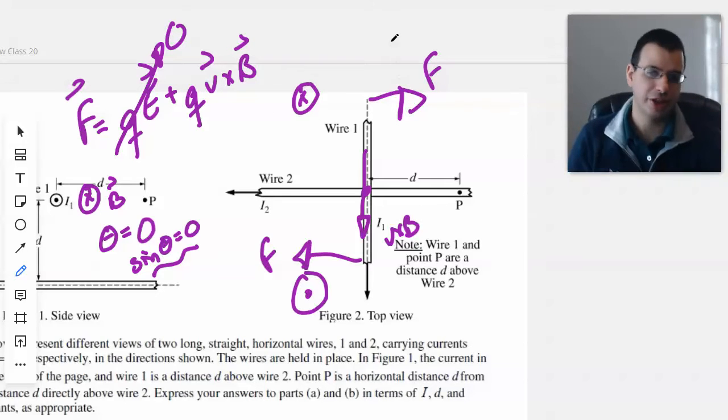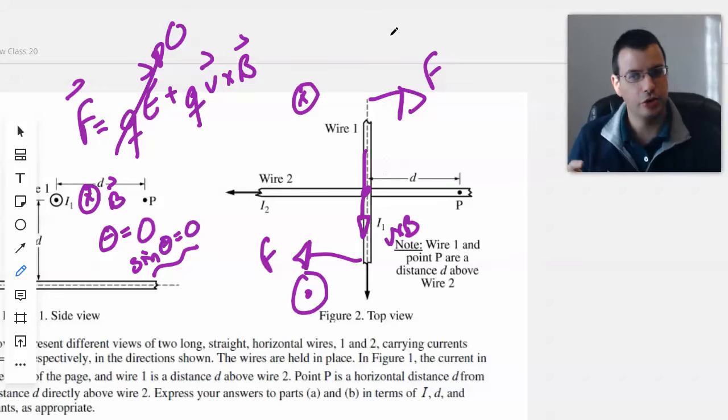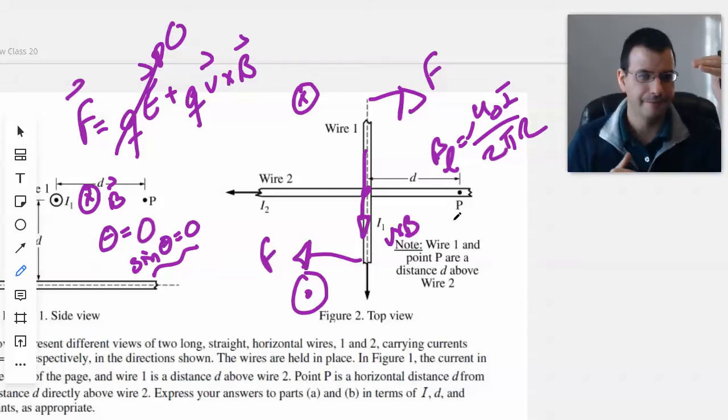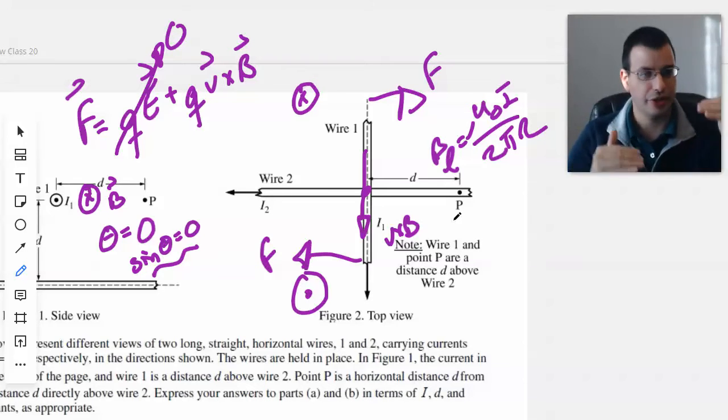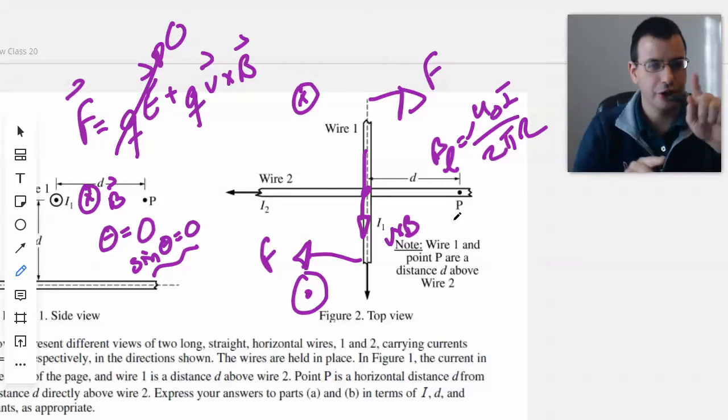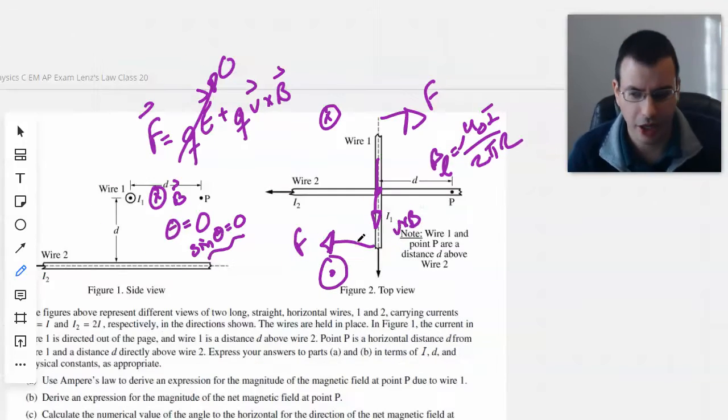I think they're going to get smaller as they go further up, because you have this mu naught I over 2 pi r for the magnetic field due to a line. As the r gets bigger, and this is due to wire 2, the forces will keep getting smaller, but they'll cancel each other out, and they'll be symmetrical about wire 2. But you'll have a positive torque in the clockwise direction.